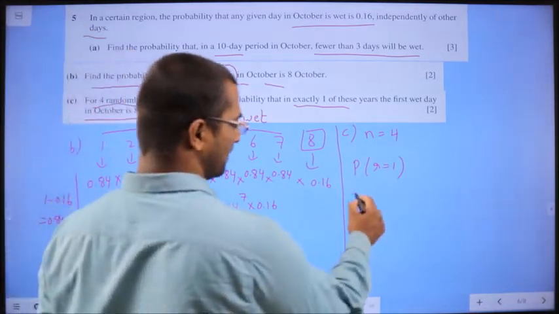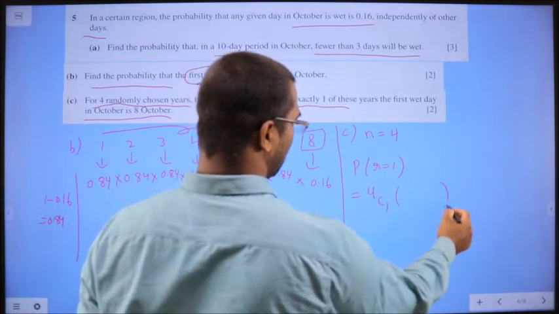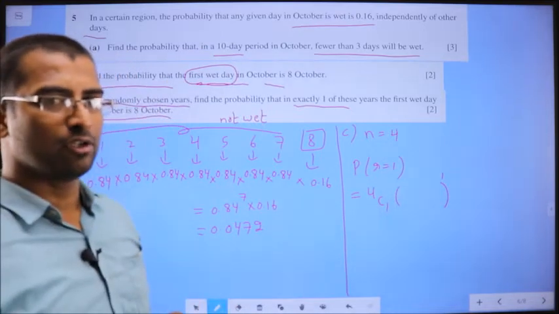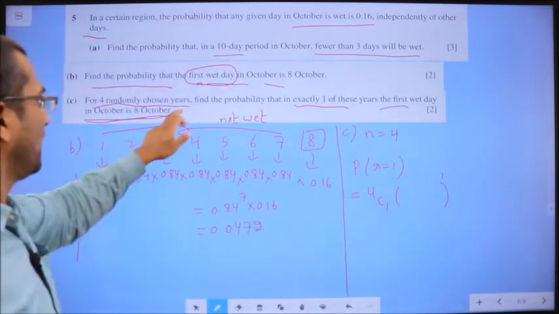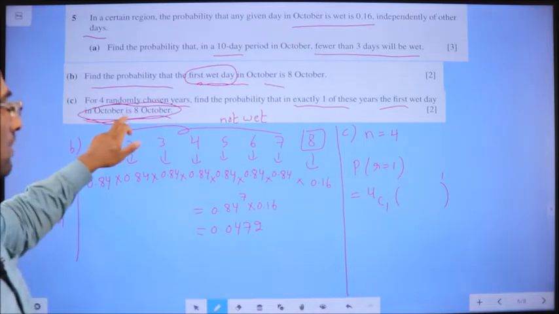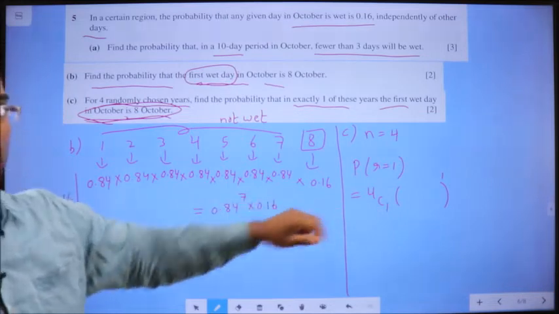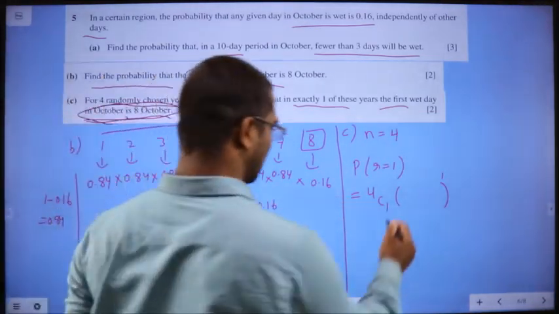So now nCr, so 4C1 into p^r. What probability do I need to take? First wet day should be on October 8th. This probability we found in the second bit, so write it here.